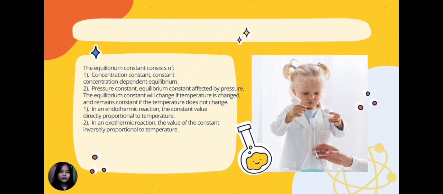In an endothermic reaction, the constant value is directly proportional to temperature. In an exothermic reaction, the value of the constant is inversely proportional to temperature.